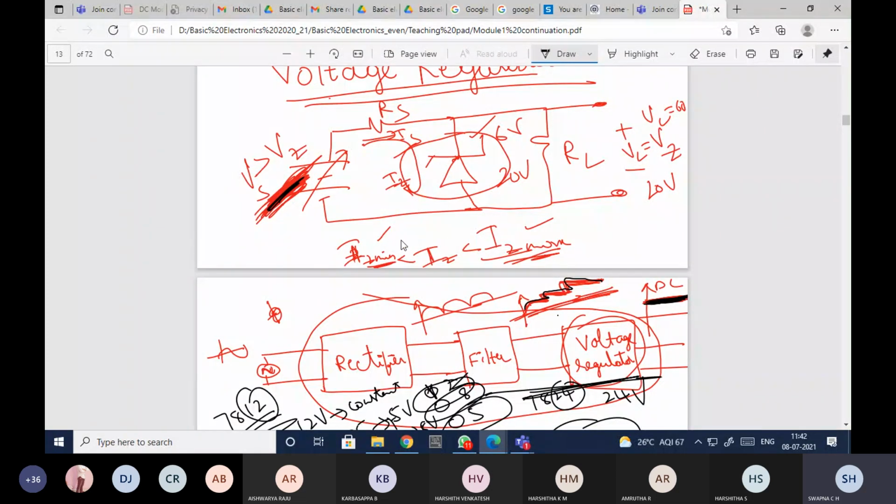Okay, but whatever maximum voltage you are getting here out of the filter, you need to take care that it is greater than this Zener diode breakdown voltage. If that is satisfied, then this voltage regulator will provide you some constant output voltage. Okay, hope this is clear to all of you.